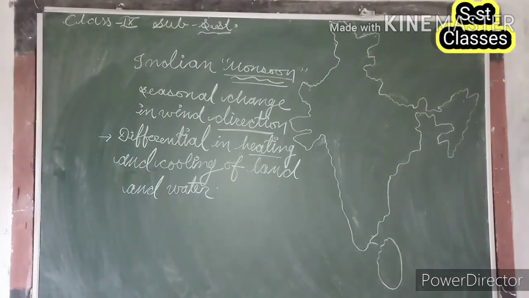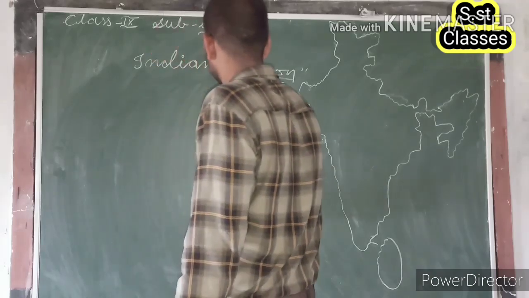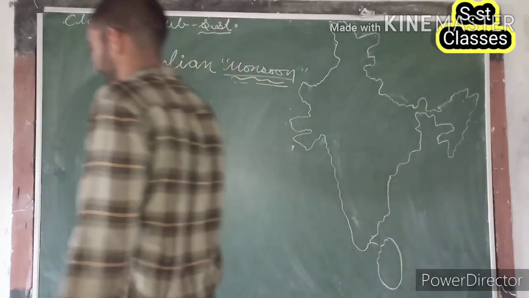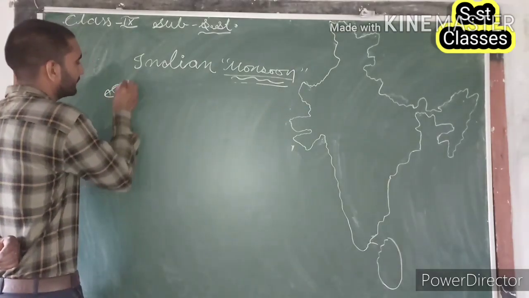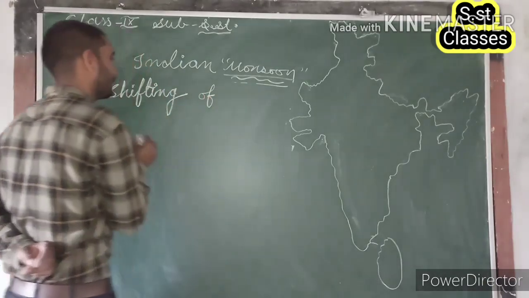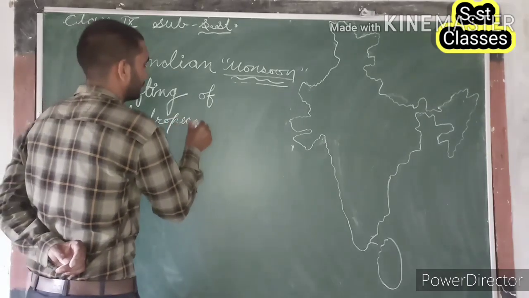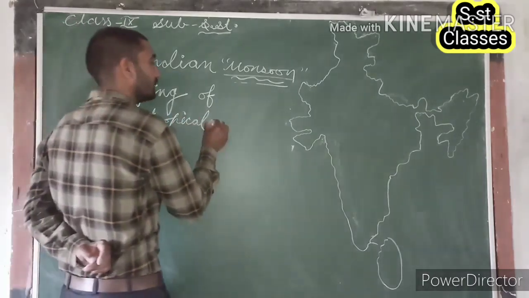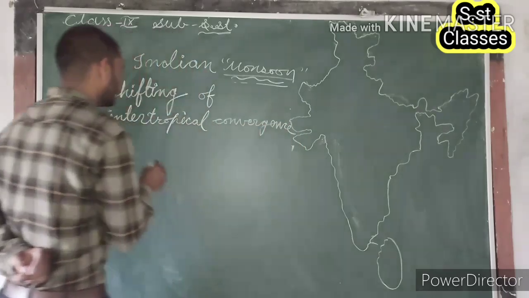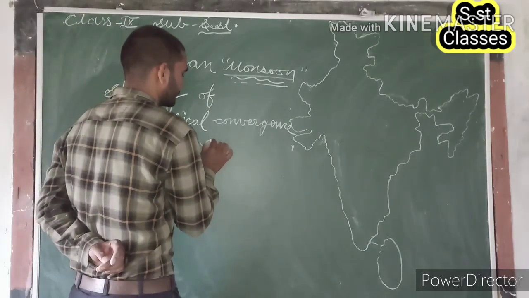Now the next major factor related with this seasonal change in wind direction is shifting of intertropical convergence zone over Ganga plains.